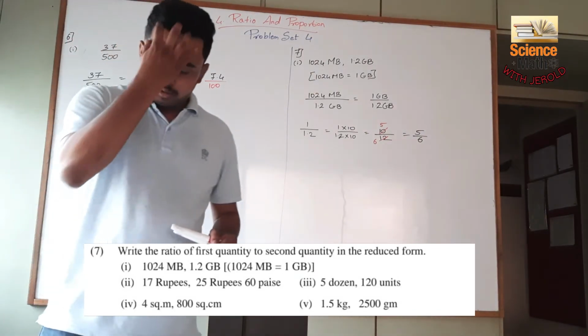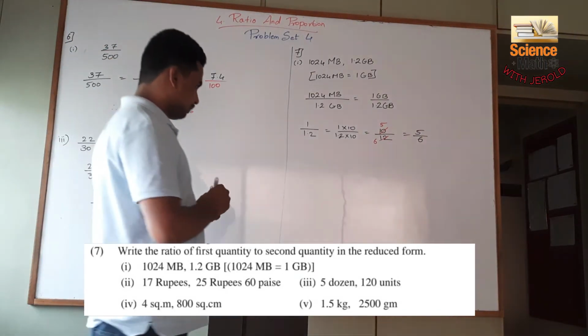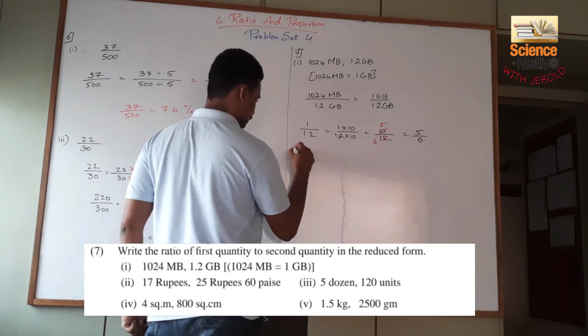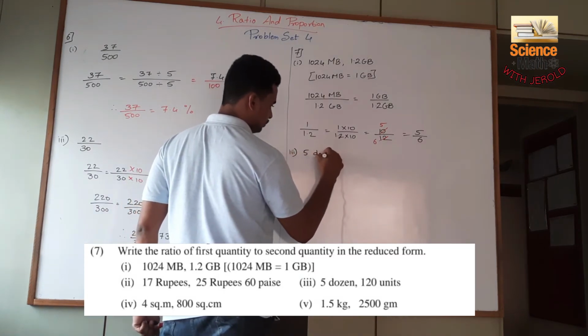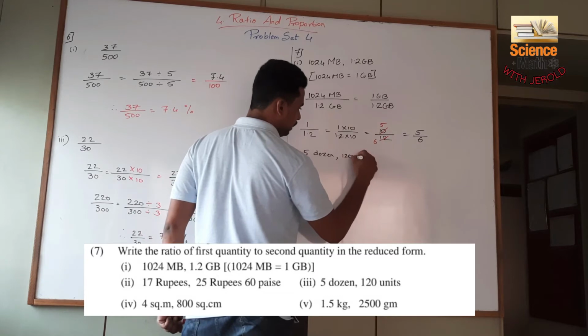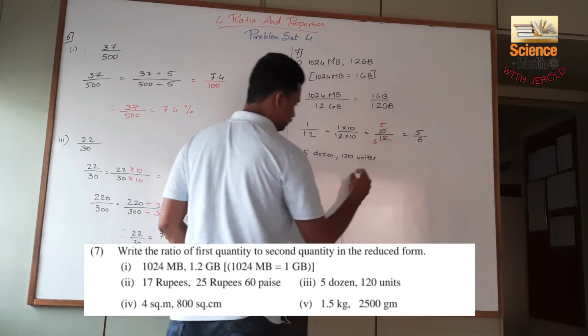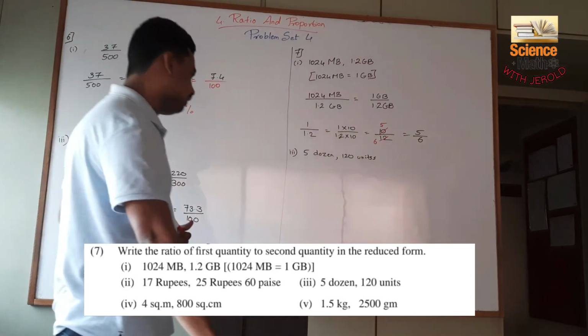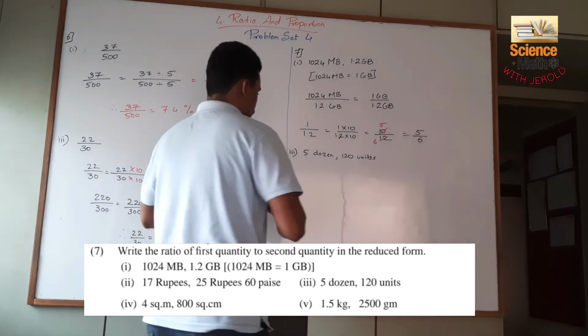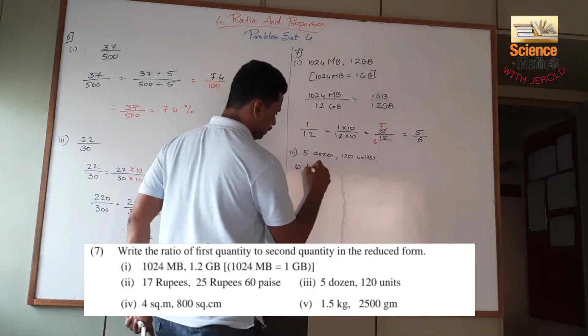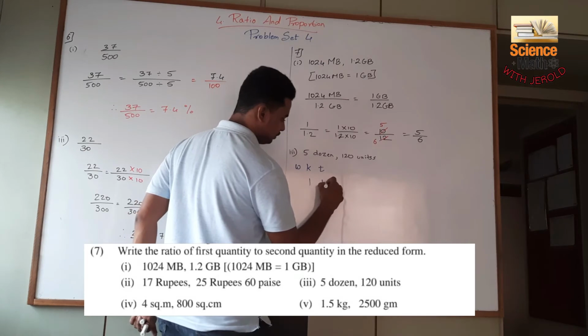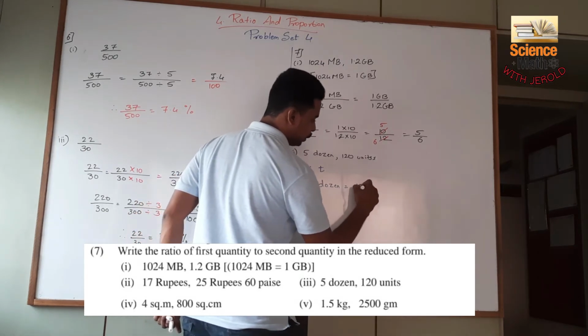Now let us see sub question 3. 5 dozen and 120 units. We know that 1 dozen is equal to 12 units.